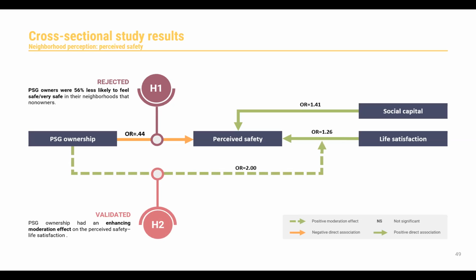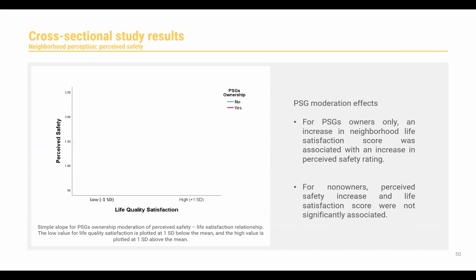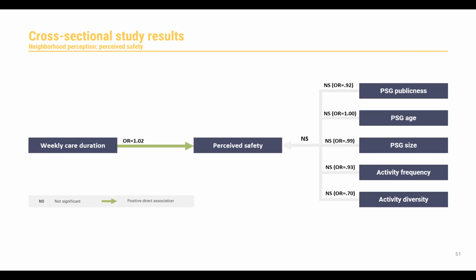PhD's ownership had also an enhancing effect on the perceived safety life satisfaction association, which means that for PhD's owners, an increase in life satisfaction was associated with a significant increase in perceived safety, while for non-owners, this association was not significant. The second analysis revealed that 1 minute increase in weekly care duration was associated with a 2% increased likelihood of feeling safe in the neighborhood.